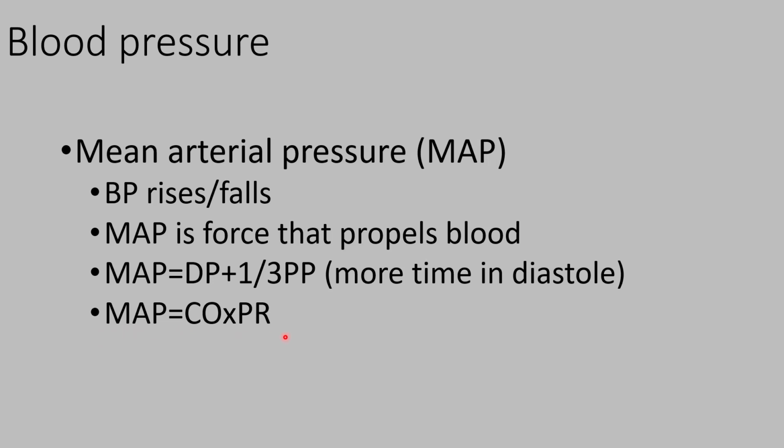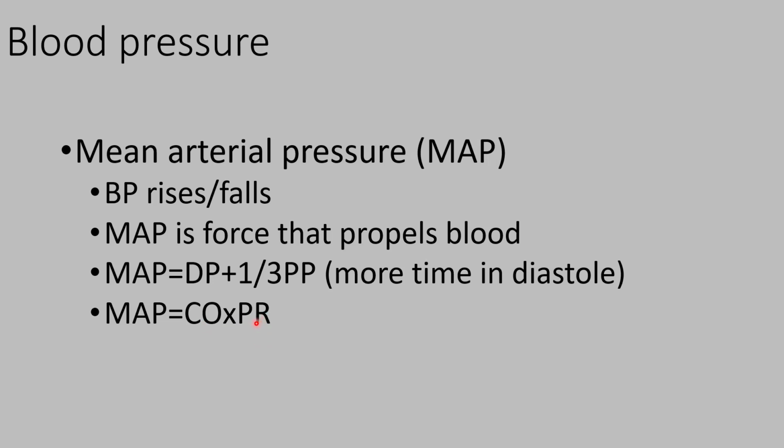Now, depending on if you've looked ahead at our blood pressure chart, this may look a little bit familiar but odd. If we look at our blood pressure chart, right across the top it says blood pressure is equal to cardiac output times peripheral resistance.